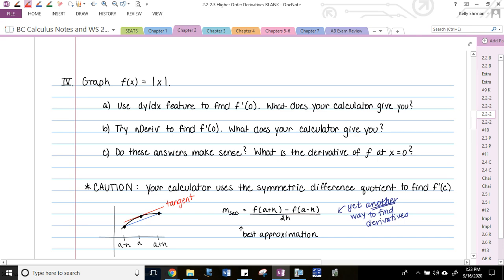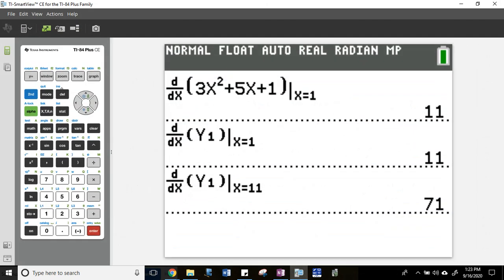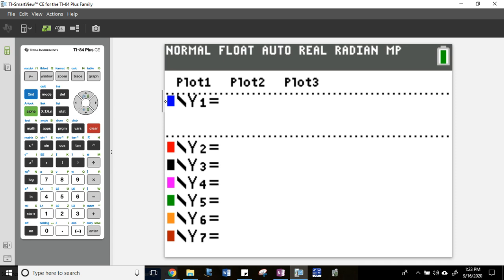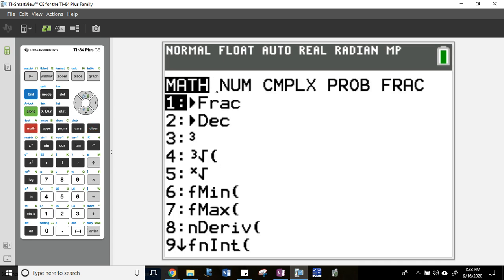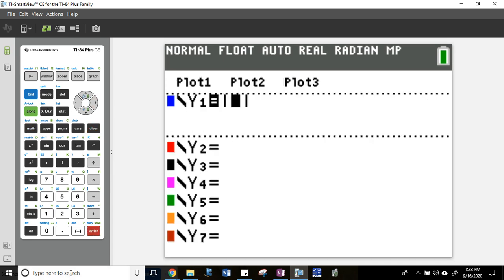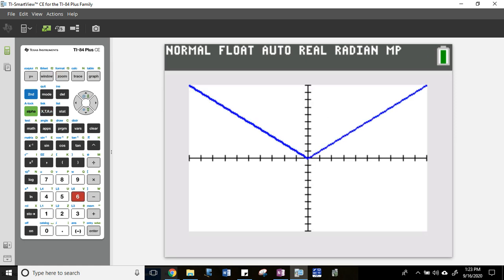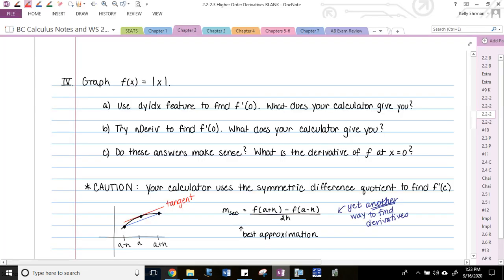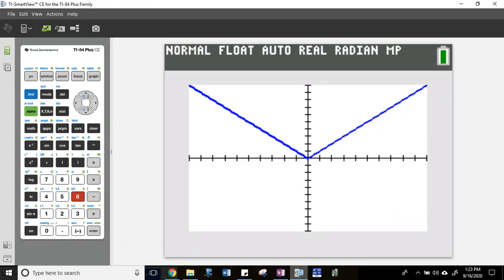Graph the absolute value of x. Okay. Absolute value is in math, over to number. Absolute value x, graph this thing. Done. Use the dy dx feature to find f prime. So on your graphing calculator screen, I want to find f prime at 0.